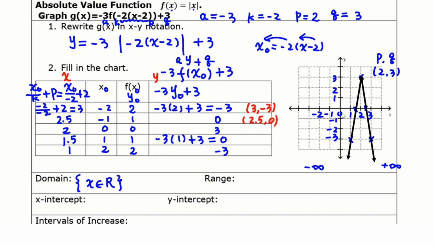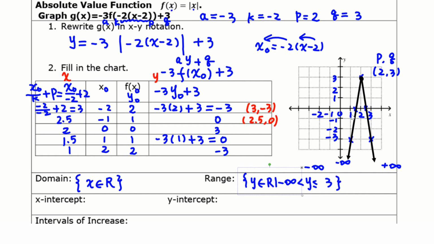For the range, the y value keeps going down, the minimum is -infinity, and it has a maximum of 3. So y is between the minimum and the maximum.